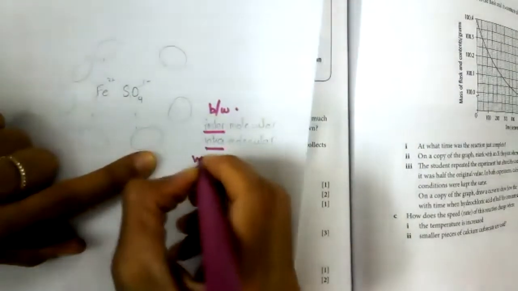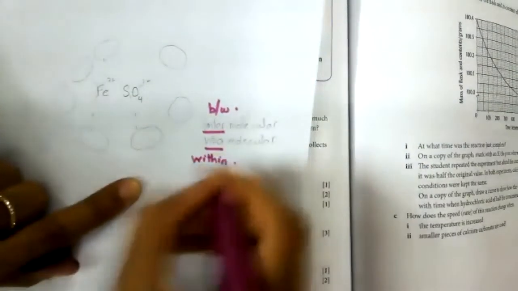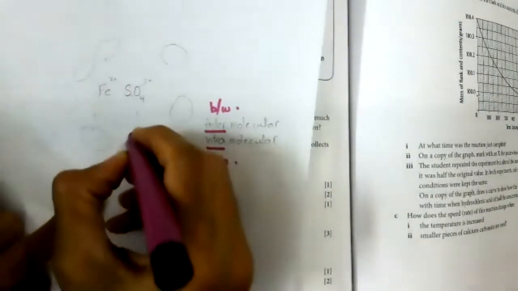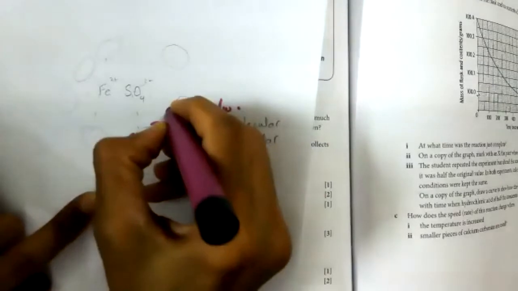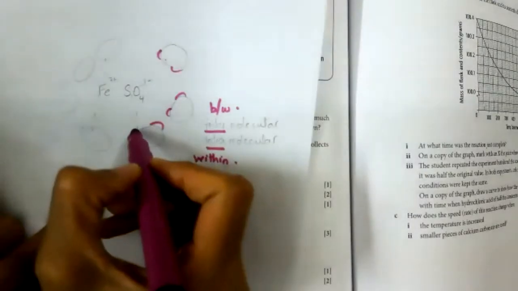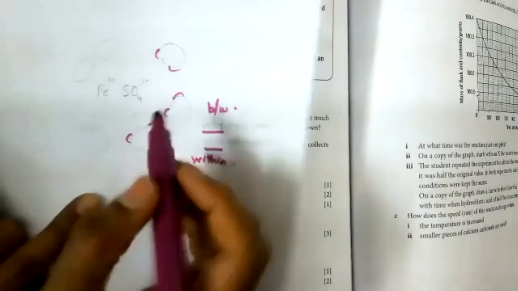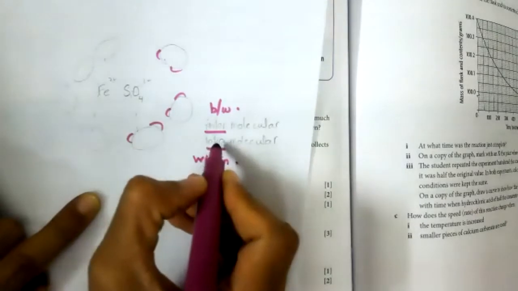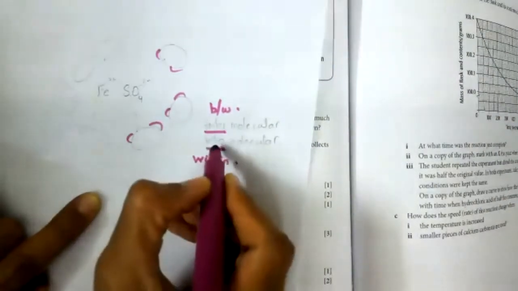Intra means within the molecule. Now, if for example these are water molecules, these bonds are between intra and inter. They are neither intra nor inter. They are stronger than inter, but weaker than intra.